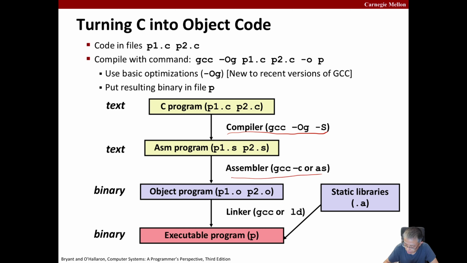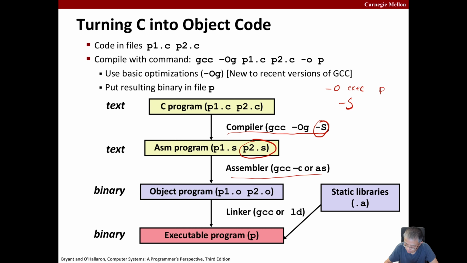When you pass -S to the compiler, it will produce assembly code. But normally we just do the -o and give it an executable name, right?